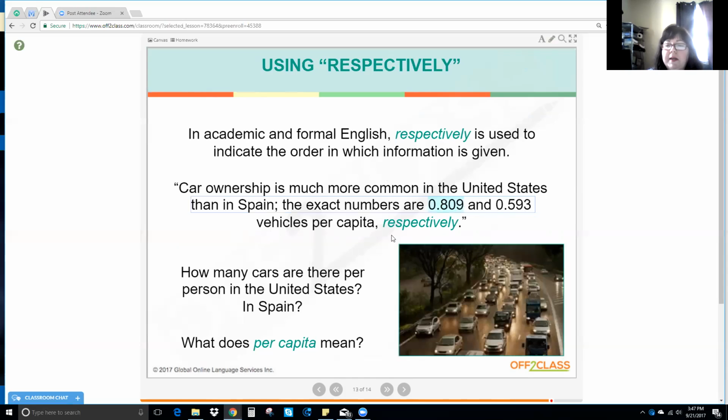So by saying respectively, we understand that they are in the order given. So car ownership is much more common in the United States. Since the United States was first, the first number is 0.809. Spain, 0.593. Okay, that's what respectively is telling us.